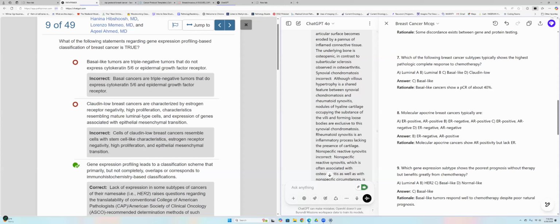What's the highest pathologic response to chemotherapy? But actually, Luminal A, you may not need chemotherapy. Yours is hormonal therapy. So if they're talking about chemotherapy, maybe. But highest complete response.